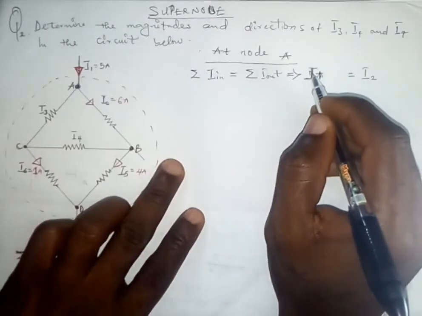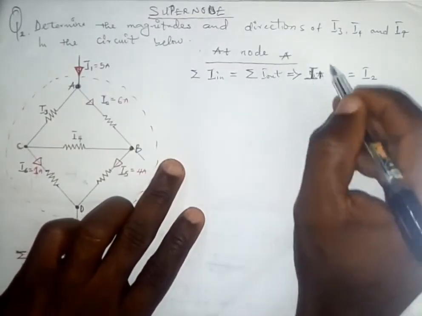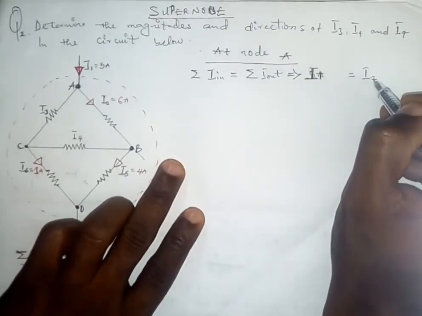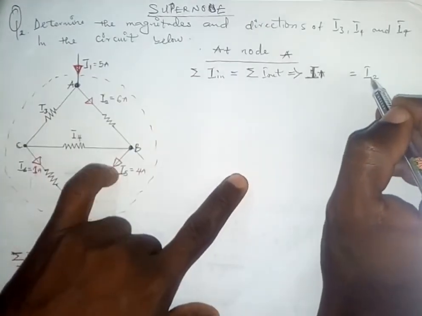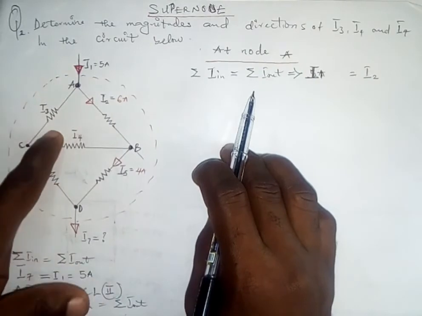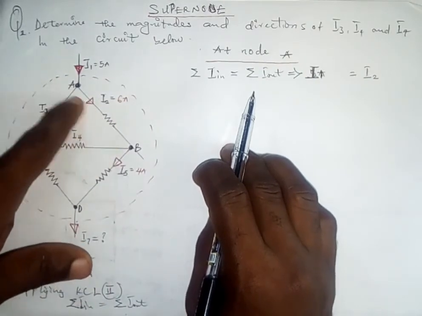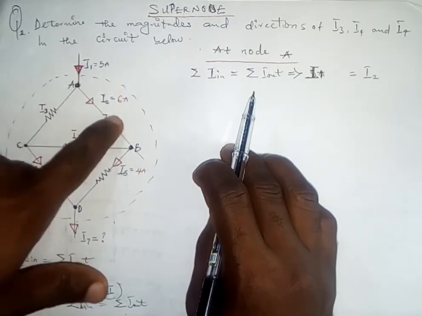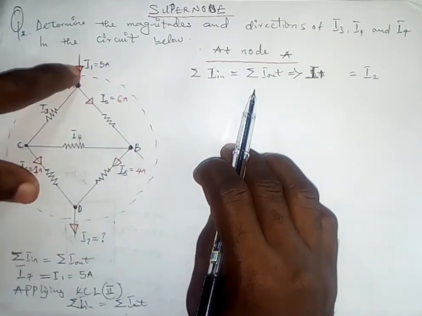So let's start with our notation first. So this is I1, and this is I2 on the other side here. So now the unknown we're having here is our I3. If you look at our I3, how do we know whether it enters or it leaves? For KCL to be obeyed, this one is leaving already, which is 6 ampere, and this one is entering, which is 5 ampere.